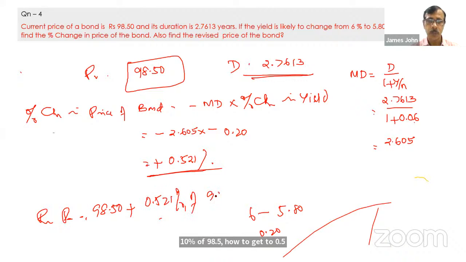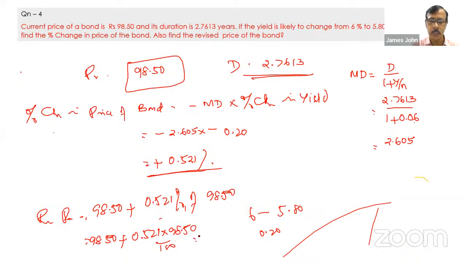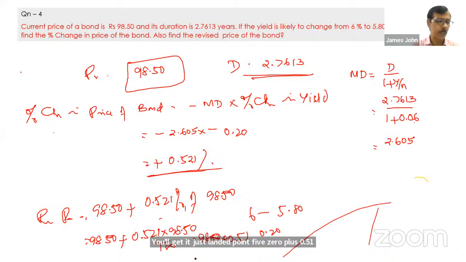This is equal to 98.50 plus 0.521 into 98.5 by 100. You will get 98.50 plus 0.51. And the answer is 99.0.